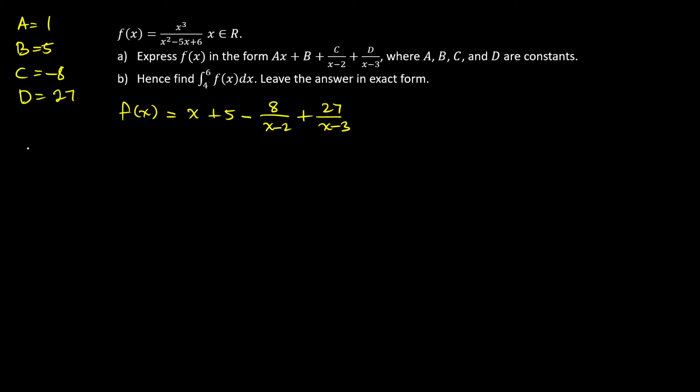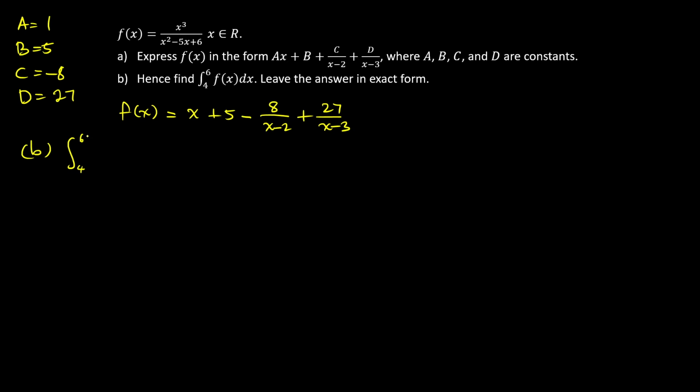We are going to perform question B. We have to answer question B by performing integration of f(x). It's not easy, or almost impossible, at least I do not know how to integrate this expression, unless we put it into this format here. Then it becomes somewhat easier.